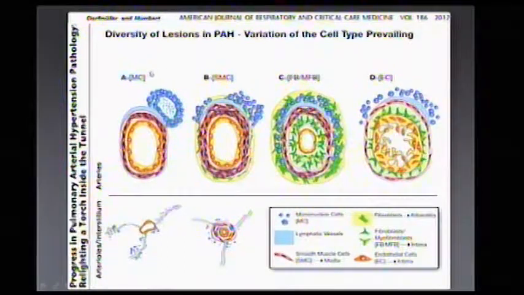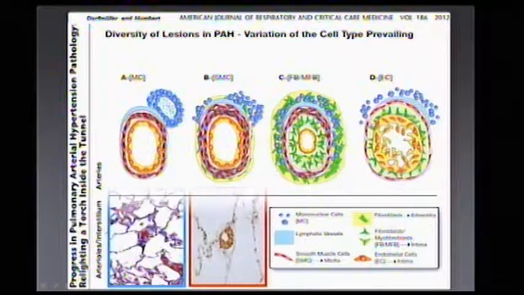And you have some infiltrates with mononuclear cell predominance. You have some remodeling with smooth muscle cell predominance. You have some remodeling with myofibroblast predominance, and you have some remodeling with endothelial cell proliferation. So many things can occur during pulmonary hypertension, from abnormal remodeling to abnormal inflammatory response.